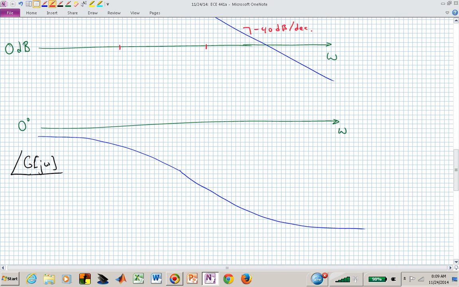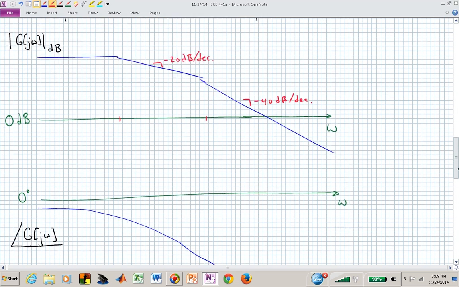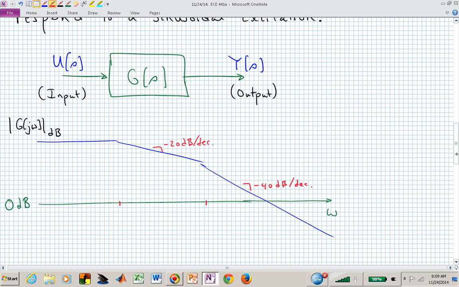The phase curve is a little bit more interesting in that, well, the magnitude curve is easy because you can set it and forget it. I don't know where that comes from, but maybe it's an infomercial. But the magnitude, once it kicks in, once you reach that frequency, it's contributing that slope for the duration of the frequency axis, from that point all the way to infinity.